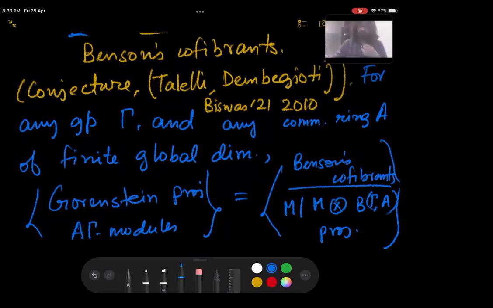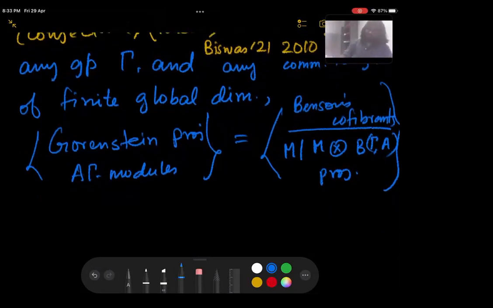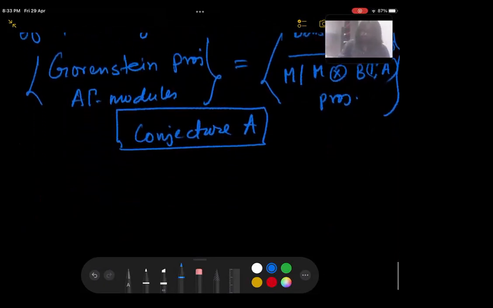Right, so the reason I bring this conjecture up is because, well, let's call this conjecture A. I'll show why conjecture A is actually related to the behavior of some invariants.